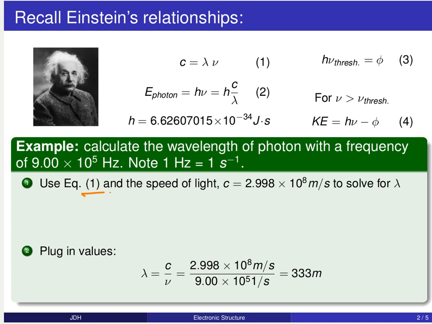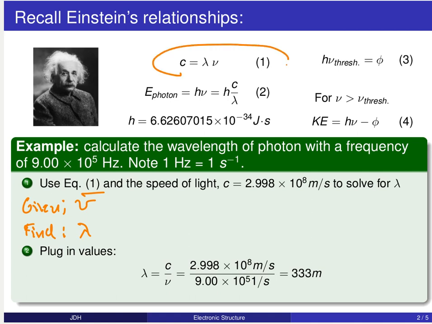So let's go ahead and do this. We have a given value of nu, our frequency, and we need to find lambda. So we want to look for a relationship that takes us between nu and lambda.